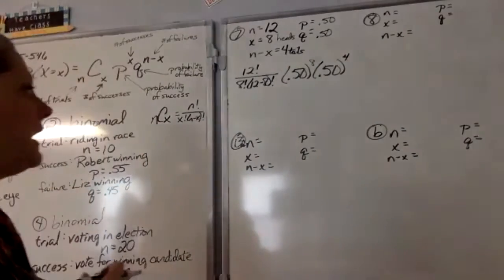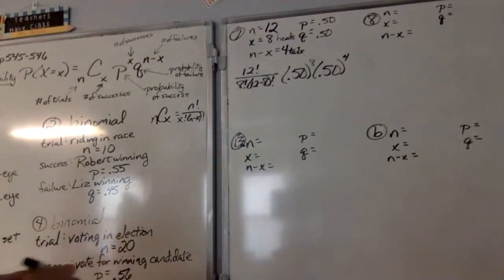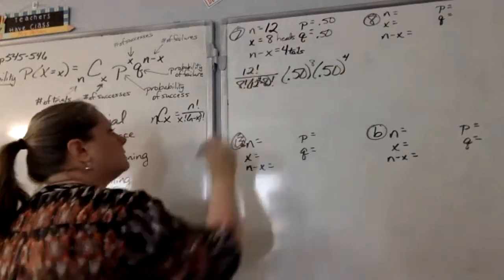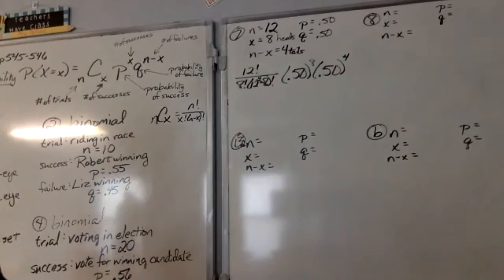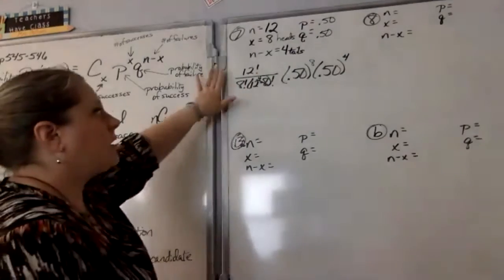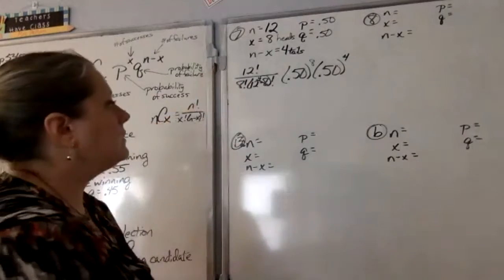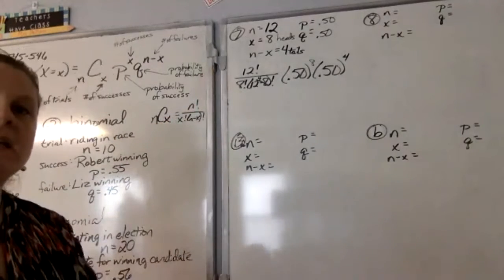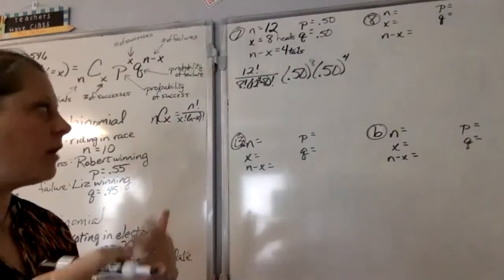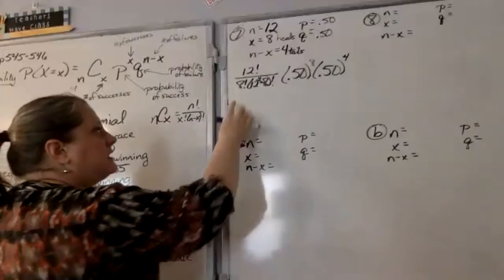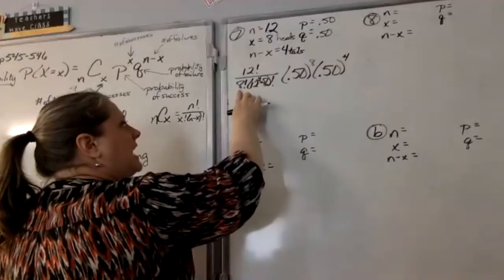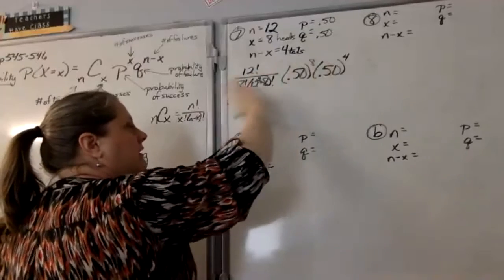Now, if you remember, when we did our probabilities, the factorial stuff, 12 factorial means 12 times 11 times 10 times 9 times 8 and so on. This is 8 factorial, and then 12 minus 8 is 4 factorial. So the 8 factorial will cancel out the 8 and everything down from there.